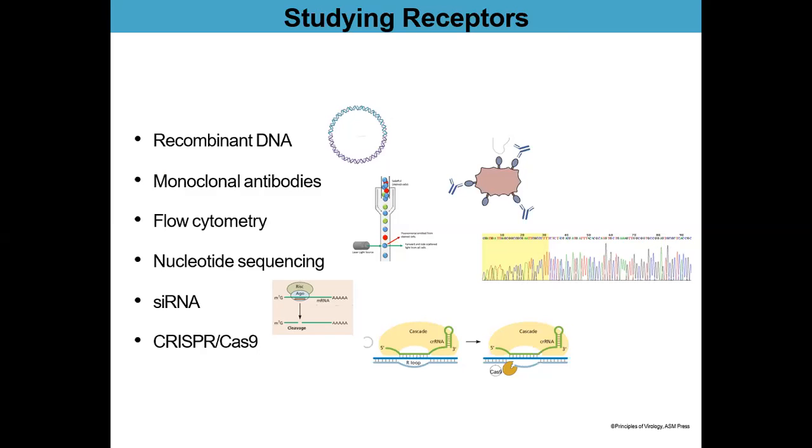If you remove a particular gene from the cell's DNA, then that receptor will not be present on the surface of the cells. And then you can do a comparative analysis of both host cells, one with the gene and one without the gene of the receptor.